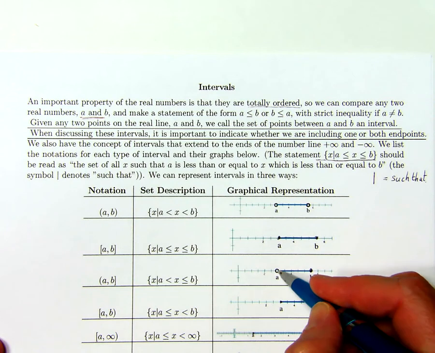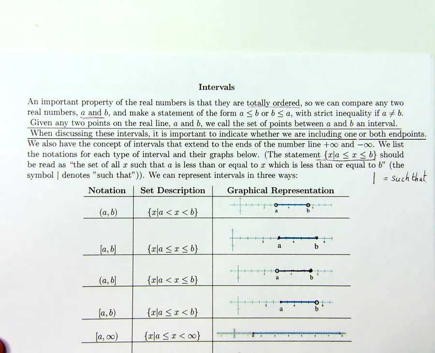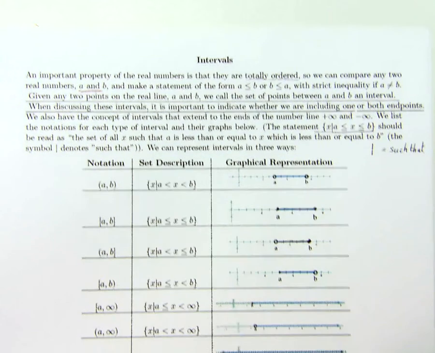And then we shade everything in between A and B to indicate that all of that is included in our set or our interval. And you have a similar situation if you include A but not B.